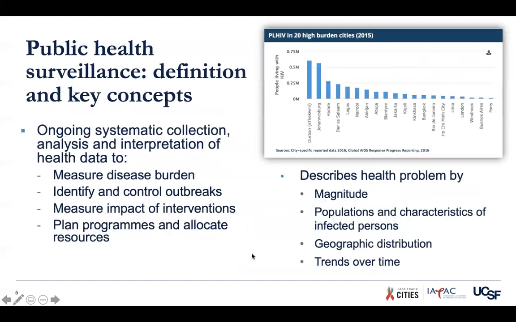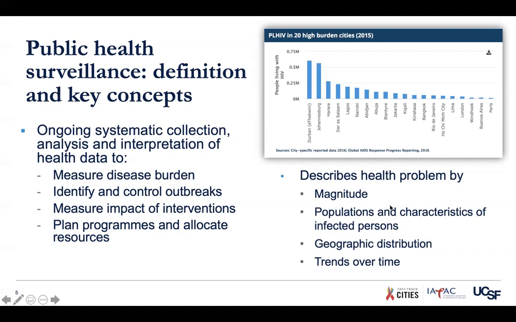So surveillance is defined as the ongoing systematic collection, analysis, interpretation of health data for the following ends: to measure disease burden, to identify and control outbreaks, to measure the impact of interventions, as we talked about just a second ago, and to plan programs and allocate resources.